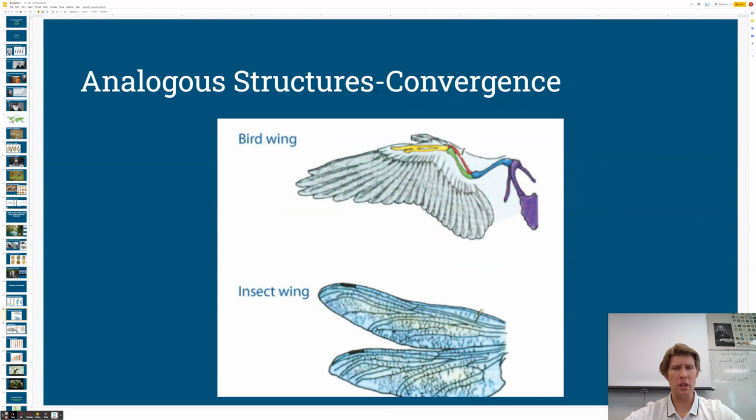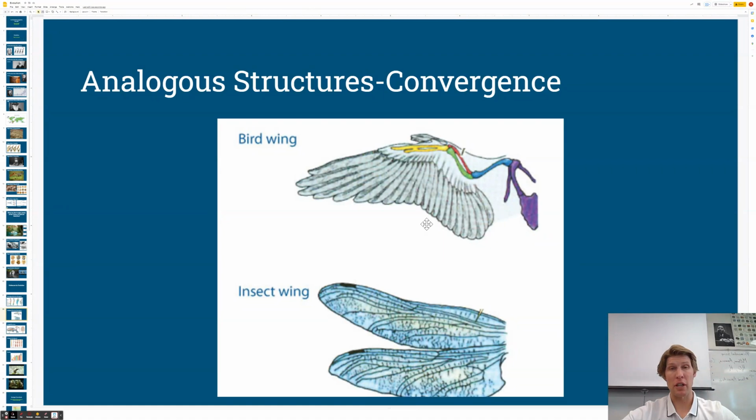Now, the next thing we got to talk about are analogous structures. Now, as you can see, if you look at this, you have a bird's wing and an insect wing. The bird wing has a different structure than the insect wing, but they have the same function.